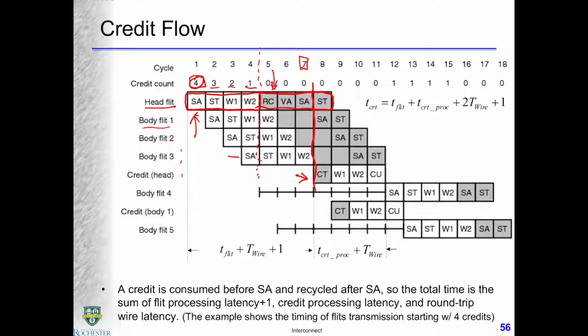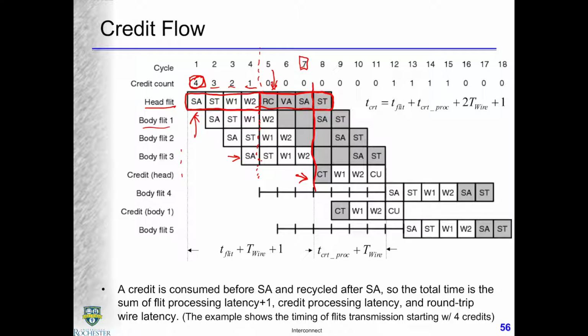We know that this body flit 3 is the last flit that we have guaranteed the storage downstream, and at cycle 5 we will not even try to do switch allocation for body flit 4 because we know we run out of credit. We shouldn't even try.